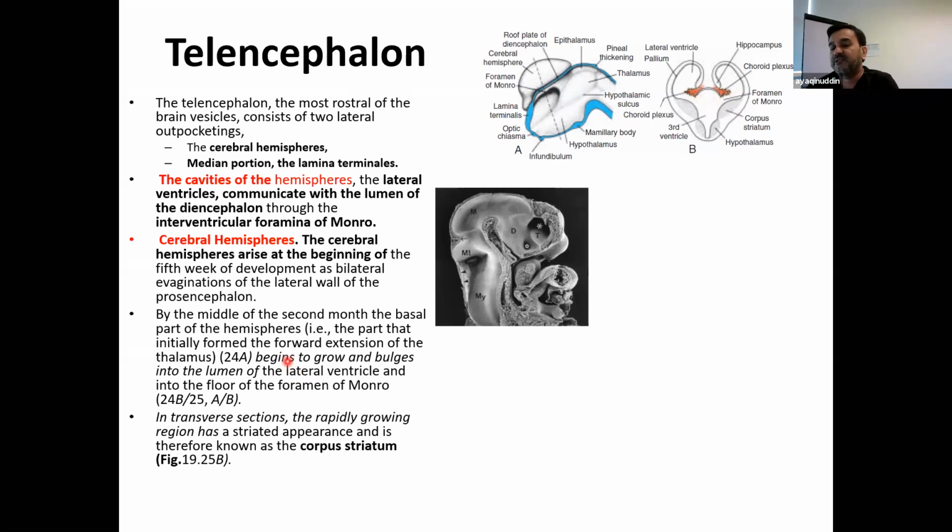If you take a transverse section, within the white matter you are going to see some deep-seated nuclei, which are the basal nuclei or the basal ganglia, developing within the cerebral cortex.